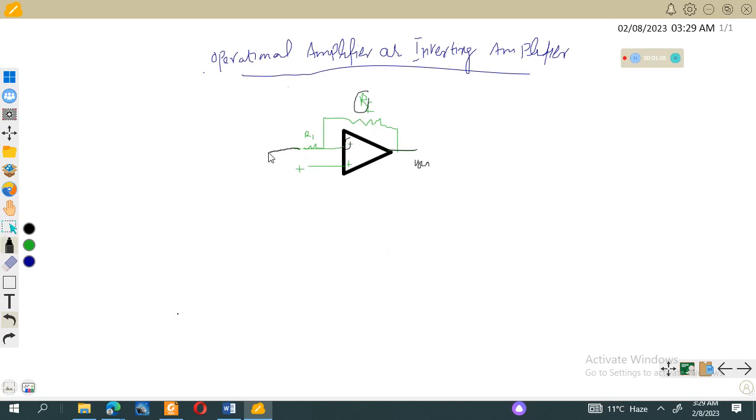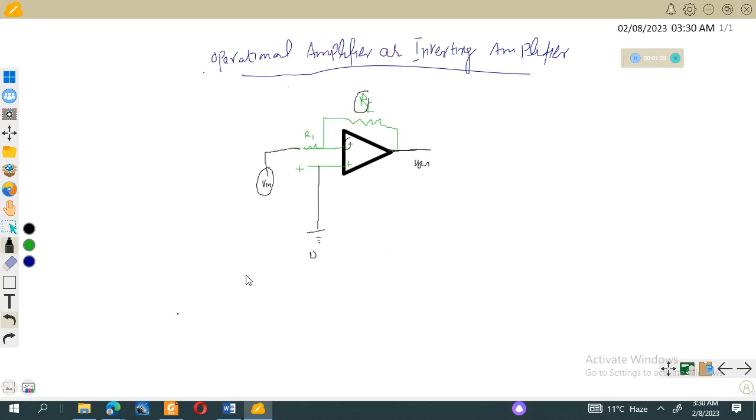This is our input, and this is our non-inverting terminal, which we need to ground. So the potential of this will be 0 because this is grounded, and this is our output.